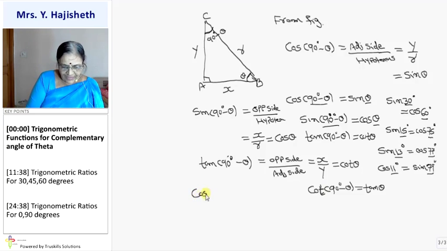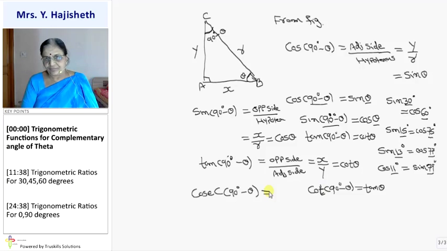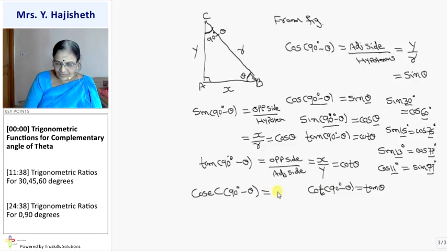Similarly, cosec 90 minus theta. Cosec is 1 upon sin 90 minus theta. Cosec is 1 upon sin. And sin 90 minus theta is cos theta.